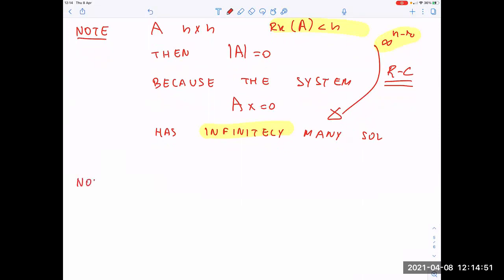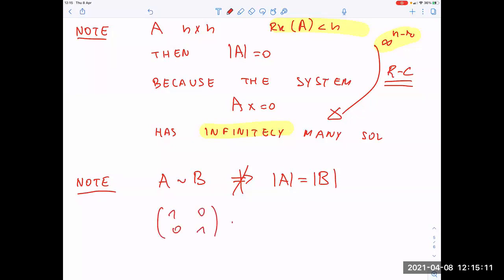Okay, and then let's make a final note. If you have matrices which are row equivalent, it is not true that they have the same determinant. And you can see this in a very simple example. Look at the identity matrix, which is row equivalent to this one, right?